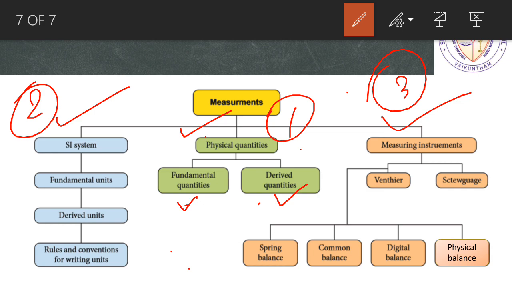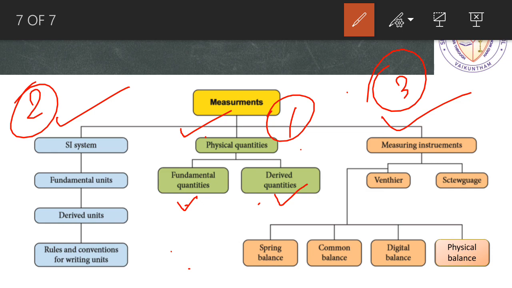But after the Second World War, it was thought that there is a necessity for one single standard system which should be used by all the research people, or all the science people all over the world. So that brought the birth of SI unit, which is called the SI system of units.